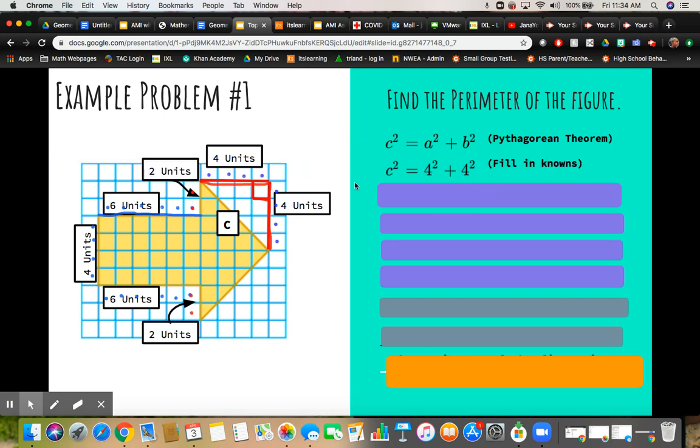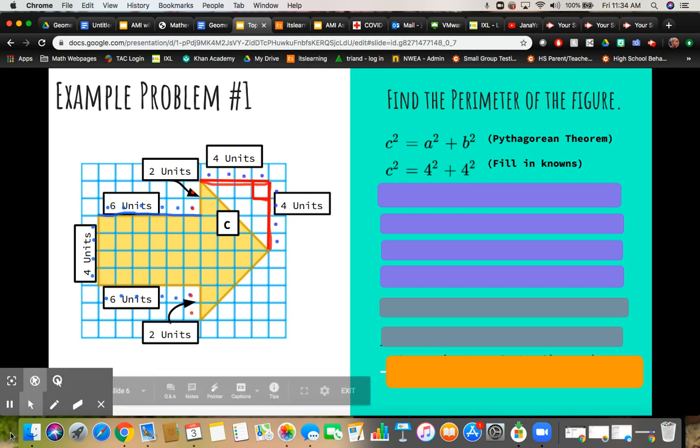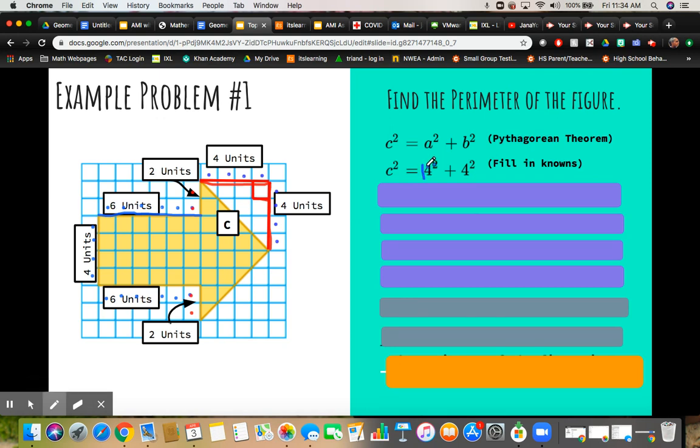I know that a and b are both 4 units. So c squared is equal to 4 squared plus 4 squared. And my 4 squared plus 4 squared, all of this together, I know that 4 squared is a total of 16. So if this is 16, so that must also mean that this is 16.